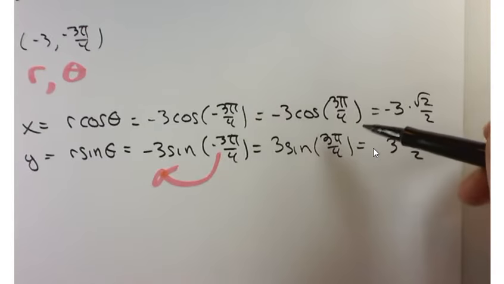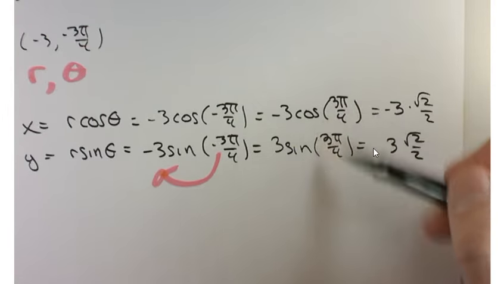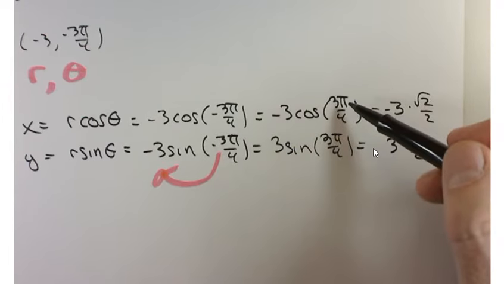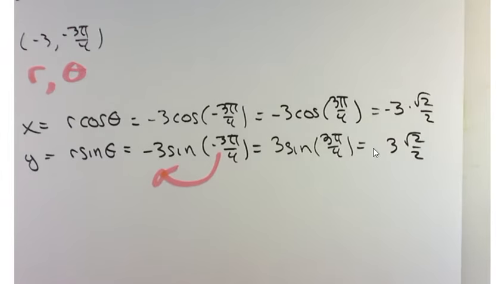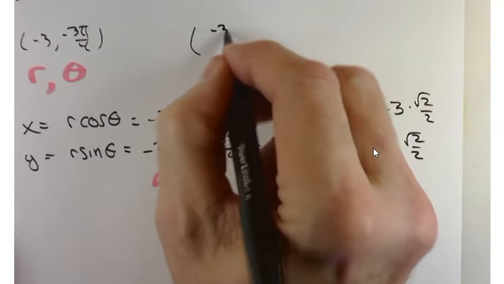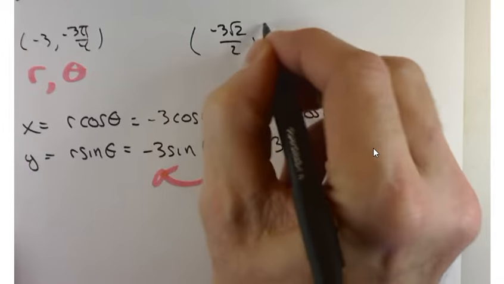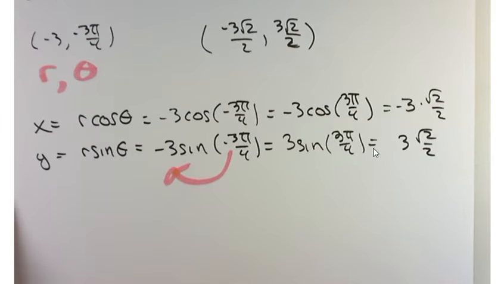Hopefully you're familiar with sines and cosines at these angles that are multiples of 45 degrees. It's always going to be root 2 over 2, with a plus or minus in there. Our final answer is negative 3 square roots of 2 over 2 and 3 square roots of 2 over 2. So x and y.